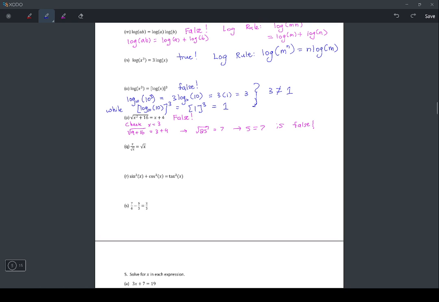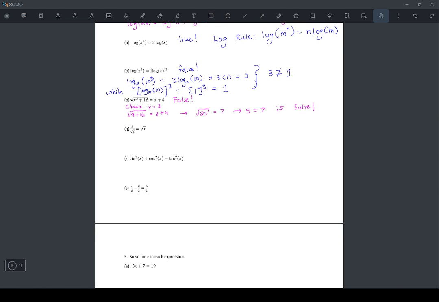Okay, question Q. Is it true that x divided by the square root of x is equal to the square root of x? So there's a few ways we can do this. One of them is to note that x is equal to x to the power of 1. 1 can be split up as 1/2 plus 1/2.